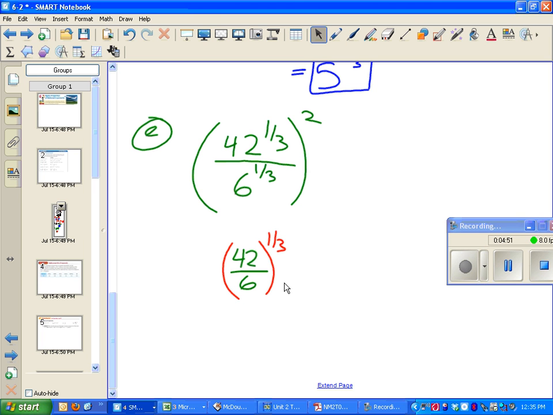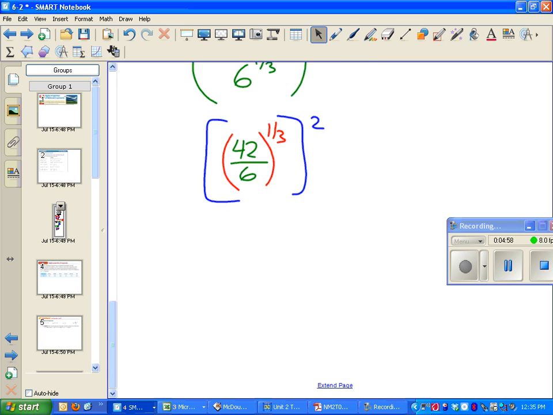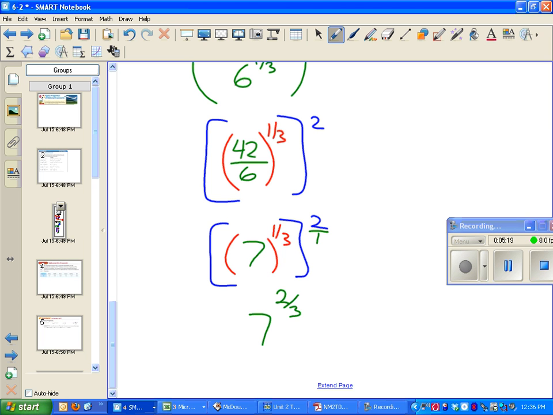That way I can reduce 42 and 6, and that is still being squared. All right, so 42 divided by 6 is 7. So now I have 7 to the 1/3 power, and that is still being squared. Okay, and then I need to multiply the exponents. So when I multiply the top with the top, I get 7 to the 2/3 power, and that's all the simplifying I can do there. So those are those examples.